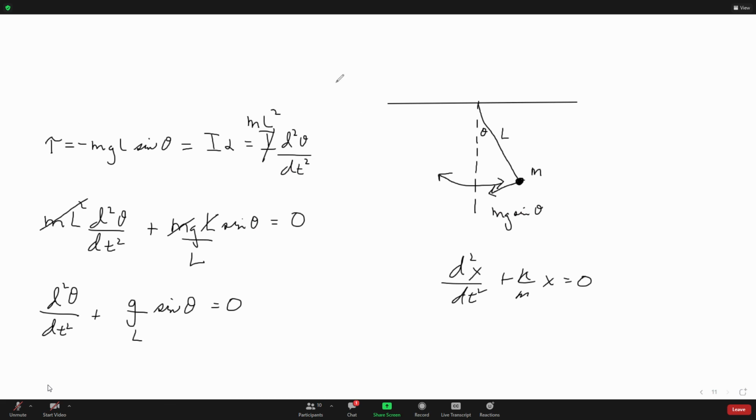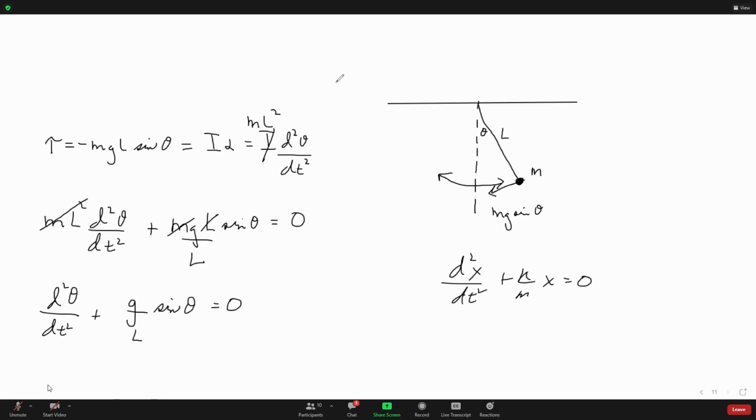It is a very difficult equation to solve. In fact, there is no known closed form solution. So you make various levels of approximation.